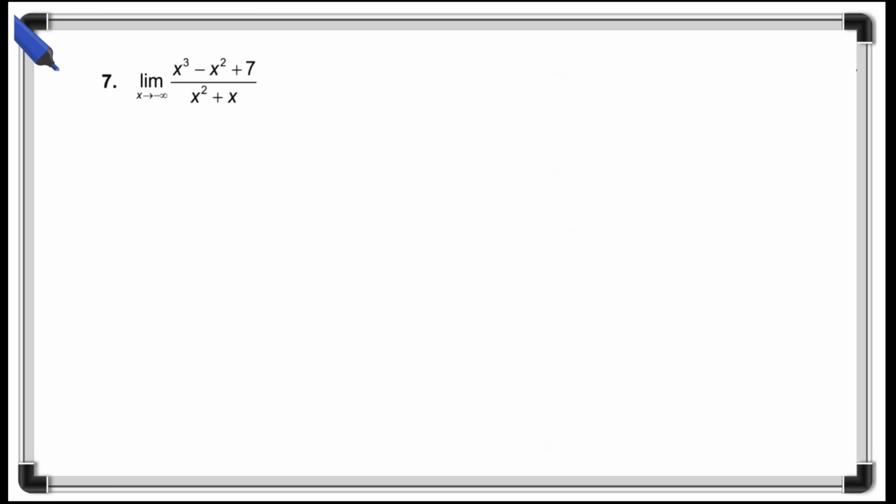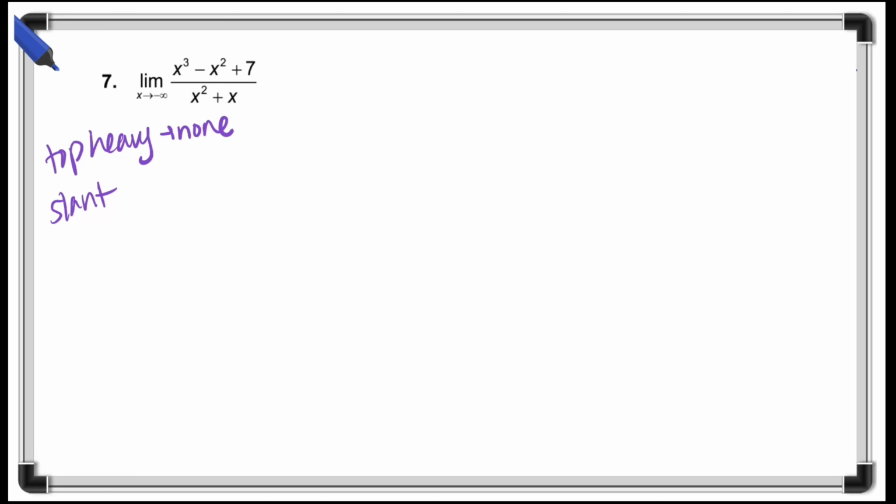Okay, in question number 7, we have something that is top heavy. We will have a slant asymptote, since the degree on the top is exactly 1 larger. Normally we know if it's top heavy, it would be none, but we do have a slant asymptote here.